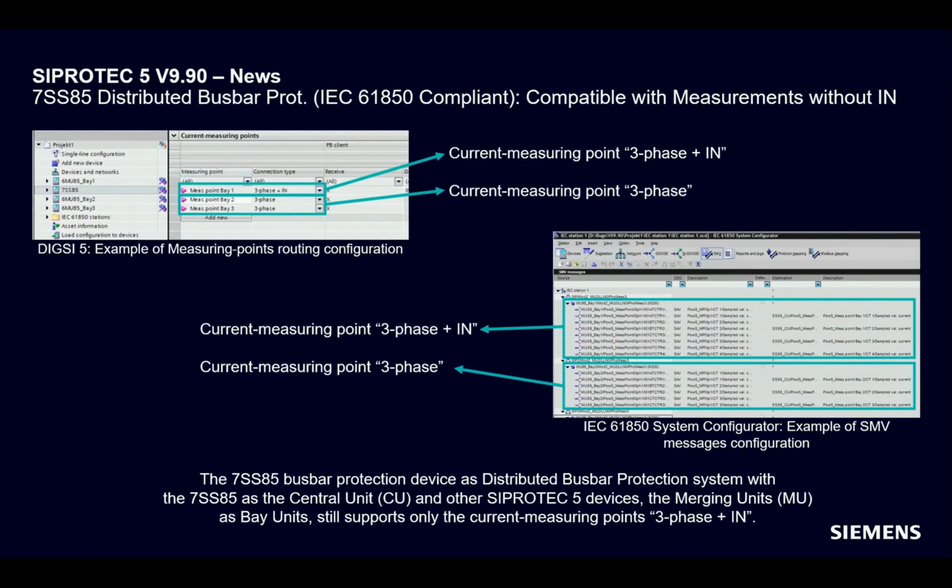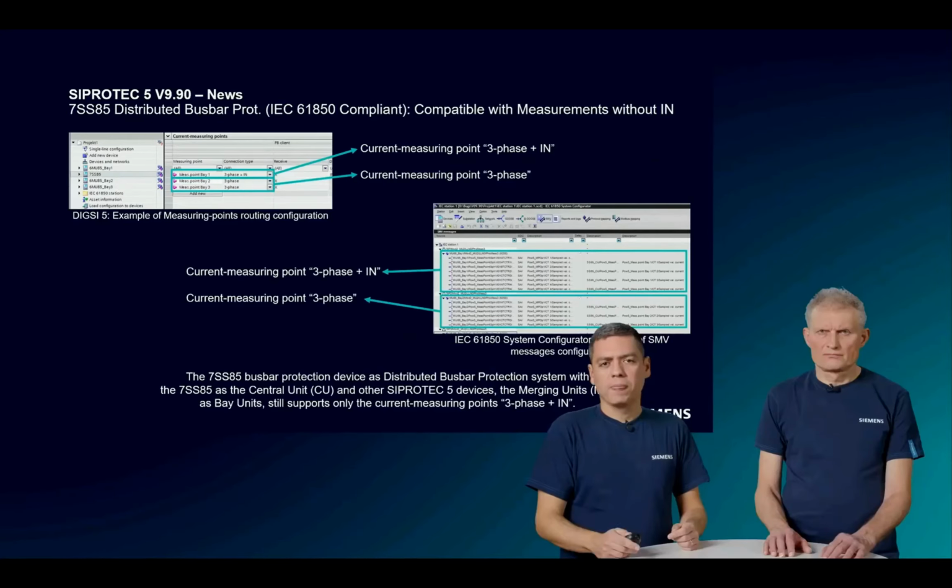The 7SS85 busbar protection device as a distributed busbar protection system with the 7SS85 as the central unit and the other SIPROTEC 5 devices, the merging unit working as Bay units, similar to the solution that we have for the 7SS52 devices from SIPROTEC 4, still supports only the current measuring points 3-phase plus IN.